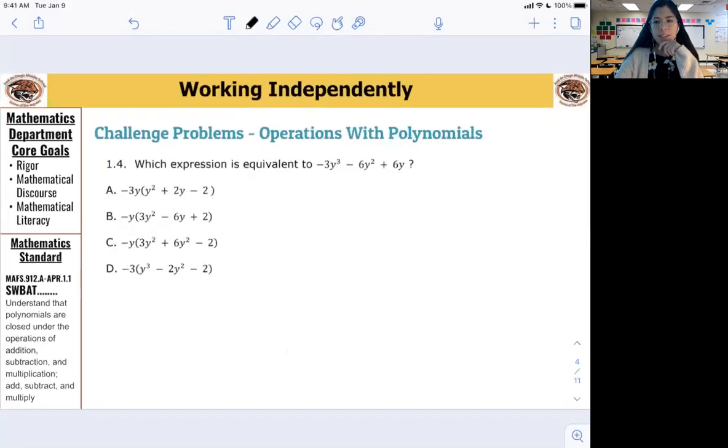Nice job. 78%. See, we're already doing way better. That's awesome. Okay, so 78% got it right, but of course, a couple students did not.